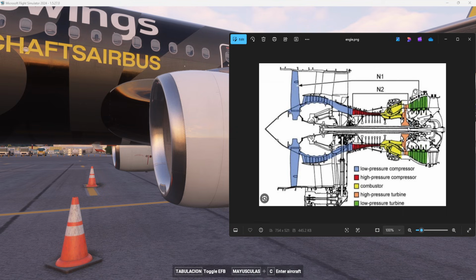Okay, then it goes to the low pressure turbine after the high pressure turbine, and in the low pressure turbine we have 4 stages. Again, 4 stages means 4 rotors and 4 stators, and then after that it's going to be exhausted, this 20%.